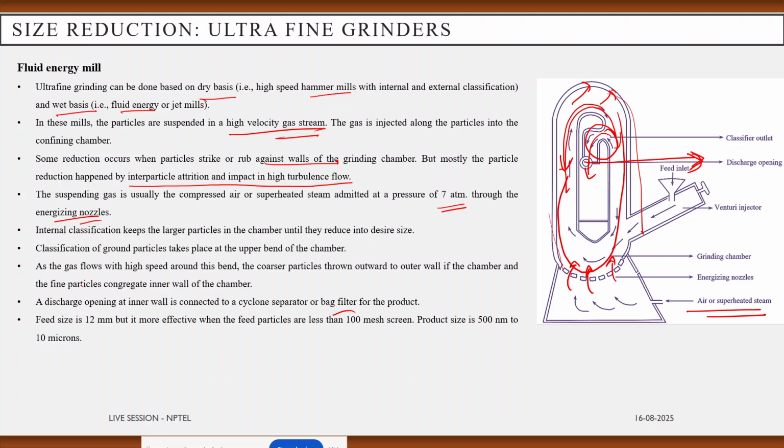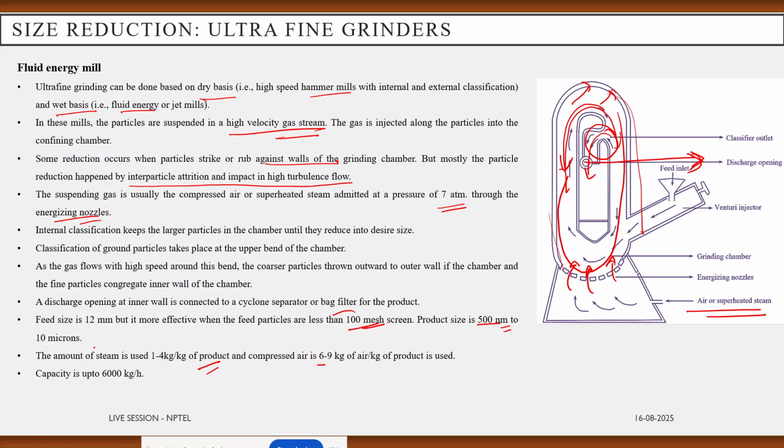Feed size is 12 mm, but it is more effective when the feed size is less than 100 mesh screen. Generally, product size is 500 nanometers to 10 microns. The amount of steam used is 1 to 4 kg per kg of the product we are targeting, and compressed air will be used around 6 to 9 kg of air per kg of product.